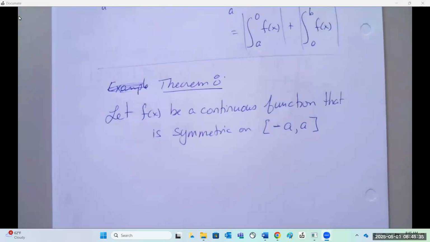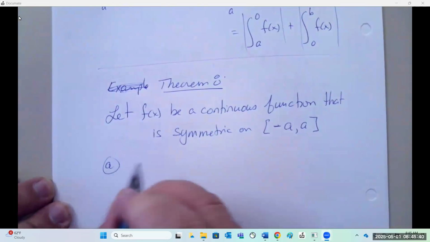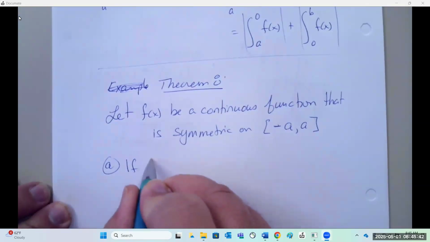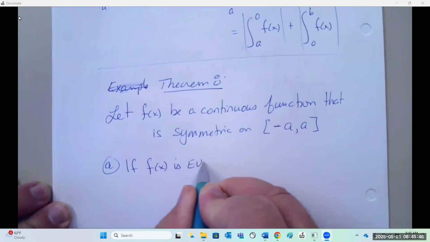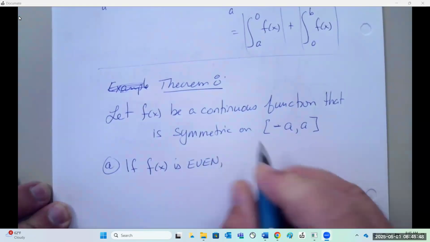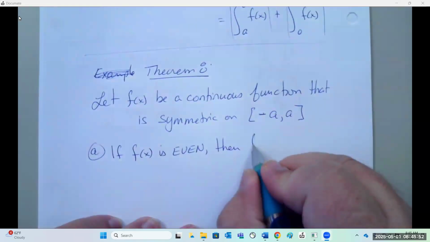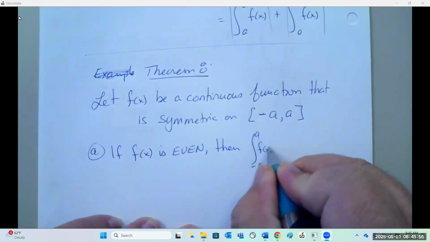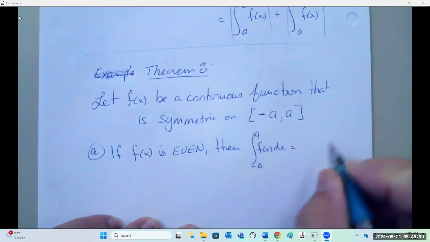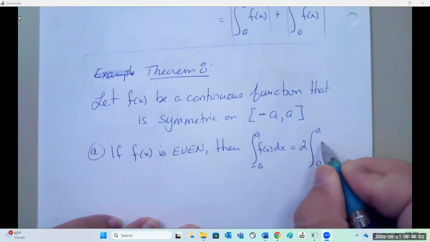So again, it's the same distance from the origin on both sides. We have two things. If our function is even, then our integral from negative a to a of our function is equal to 2 times half of that integral.